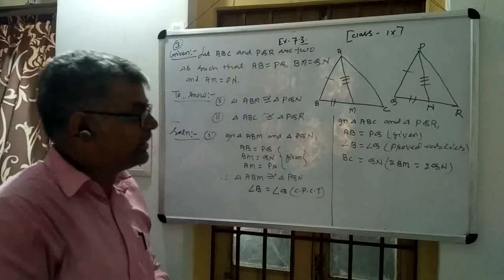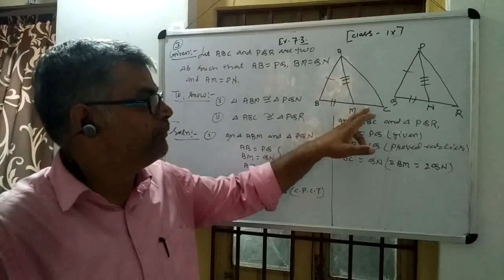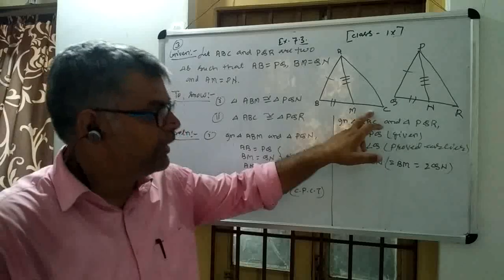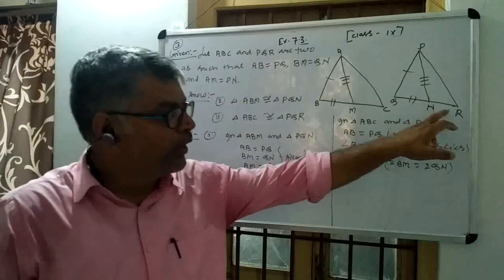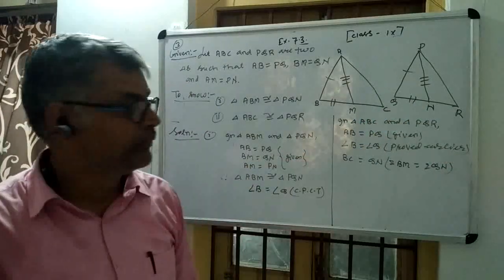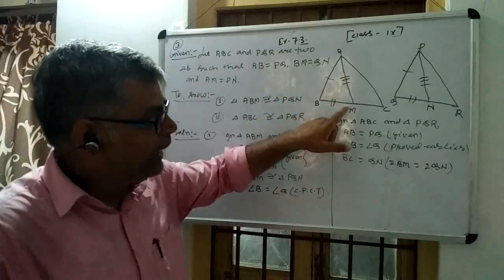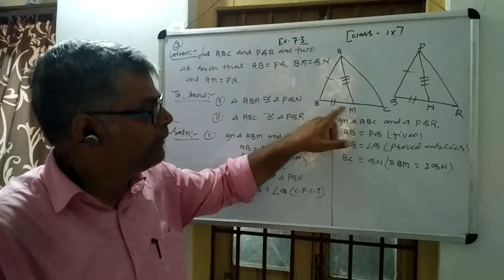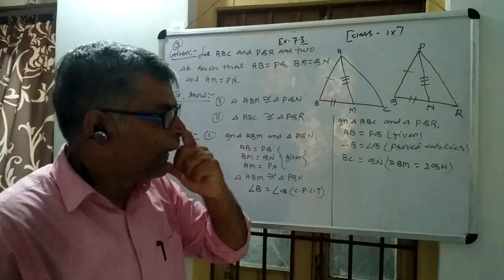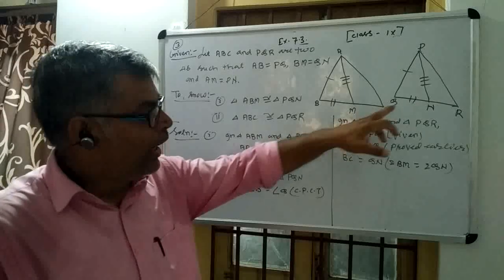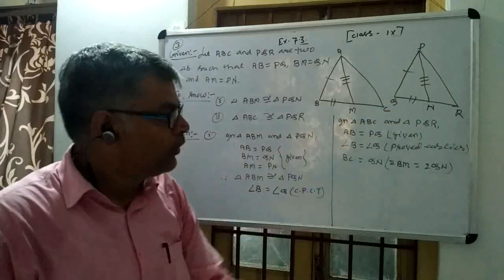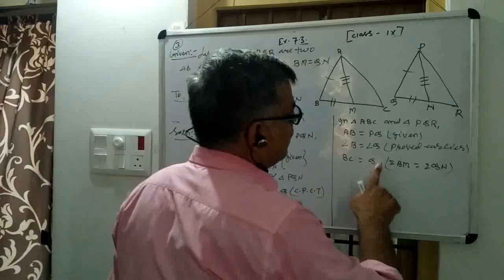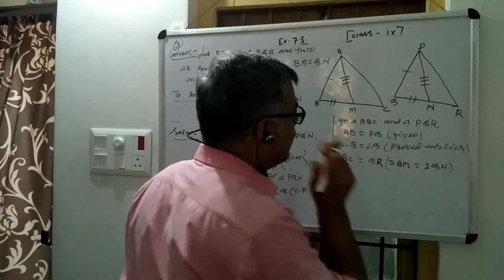As you know, children, that a median bisects the base in equal parts. It means BC is twice BM, and QR is twice QN. Median of any triangle bisects the base. So twice of BM will be BC, and twice of QN is equal to QR.